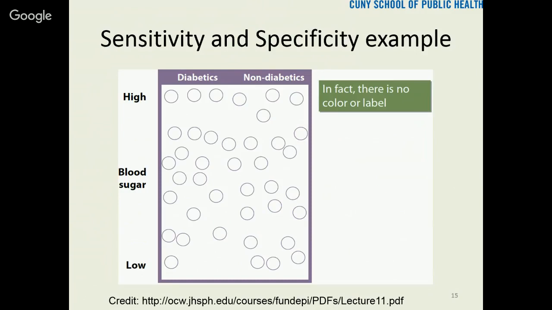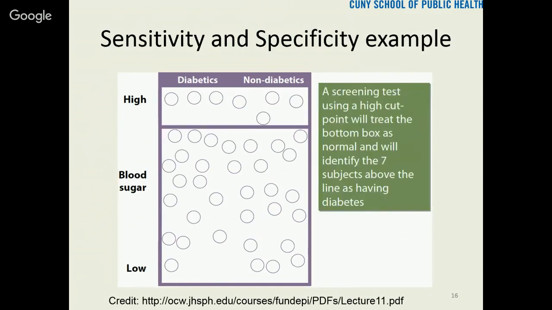So all we have is a bunch of people coming into the clinic, and we apply the test, we apply the threshold or the cutoff, and we know who we call diabetics and who we call non-diabetics. And if we know some things about the properties of the test and about our population, we can calculate what this means to these people who received a positive test and to those who received a negative test.